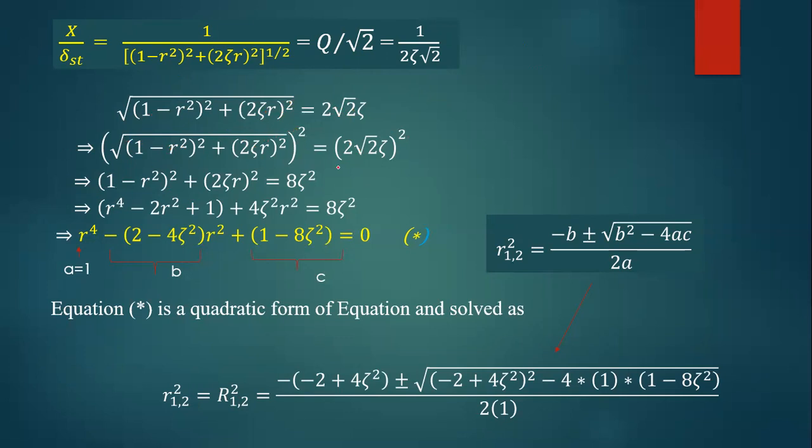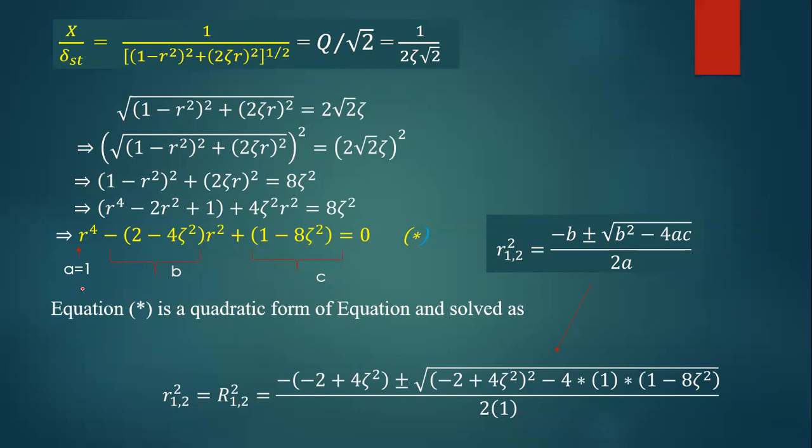So squaring this part, again squaring both sides, we have this equation. Finally, we get r to the power of 4 minus (2 minus 4 zeta squared) r squared plus (1 minus 8 zeta squared) equal to 0.